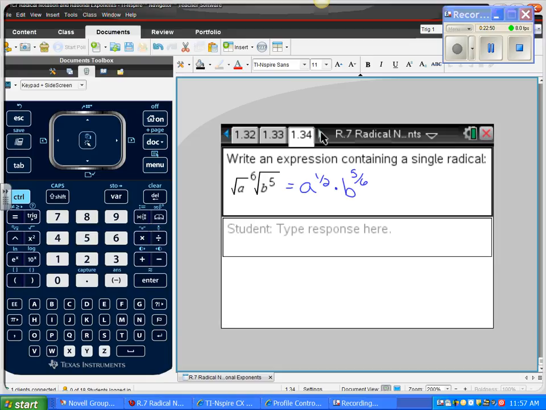Okay, so in order to do this, I know the bases are different, but I need the exponents to have the same denominator. Okay? So what I'm going to do is look at 1/2, and write it equivalent with a denominator of 6. Okay? So now they both have the same denominator, the same index when we go to radical, right? The index is going to be 6. And we use our numerators as our powers.